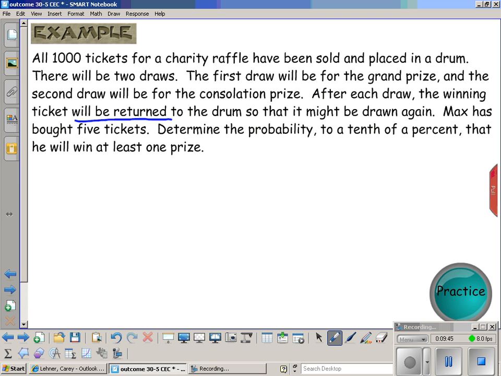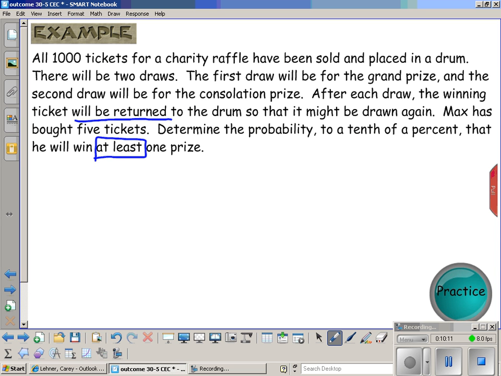Now this question here has a few things to consider. This at least makes it a little bit of a different type of question. Because at least means he could win 1 prize or he could win both prizes. We could consider finding the probability that way. Or we can also do this in one kind of step.